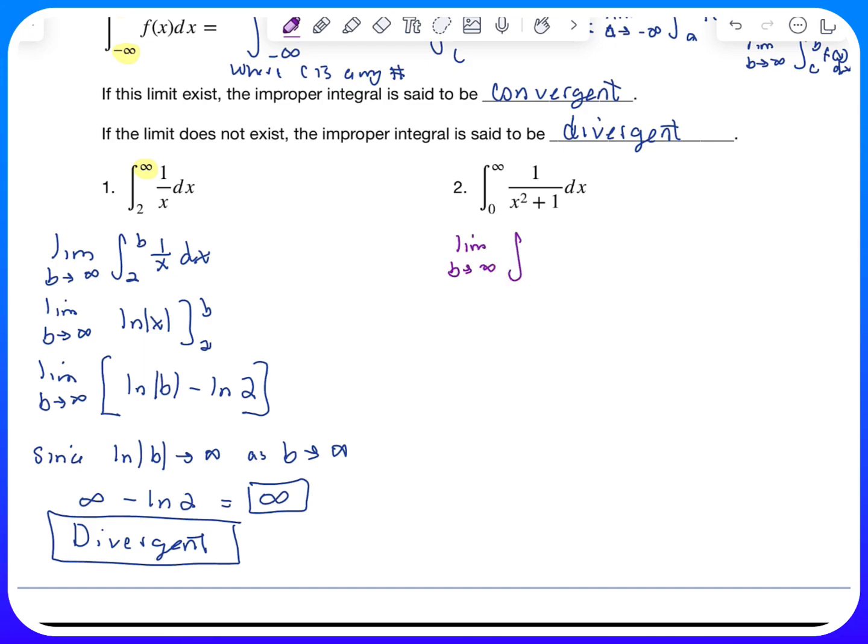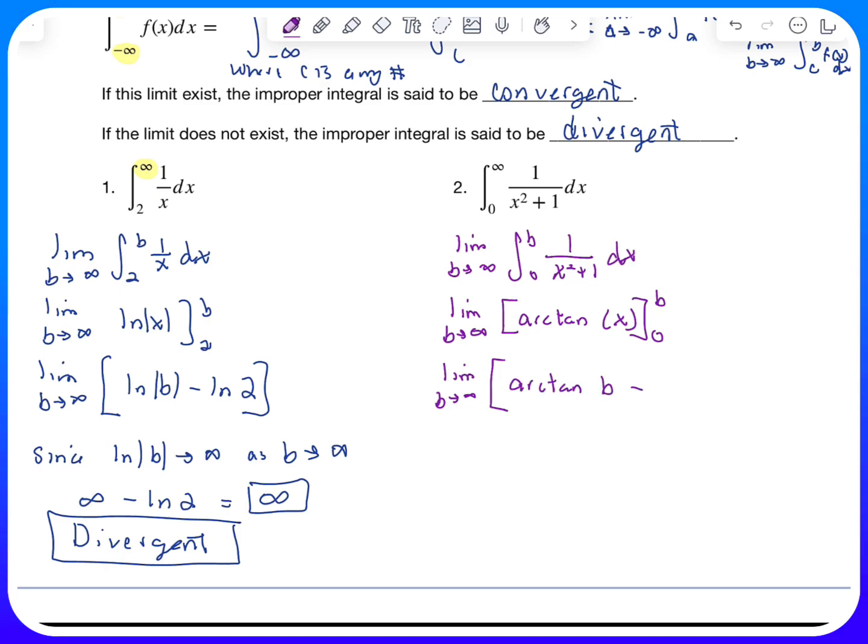Okay, next example. Notice our upper bound is also infinity. So we're going to go limit as b goes to infinity and replace that infinity with a b. And then we're going to integrate this. Well, the integral of this is the arctangent, or the inverse tangent of x, evaluated from 0 to b. Evaluating that gives us the arctangent of b minus the arctangent of 0. And now we know the angle whose tangent is 0 is 0.